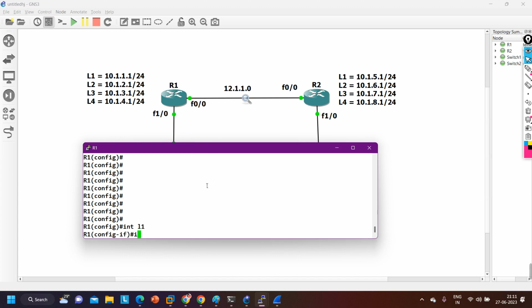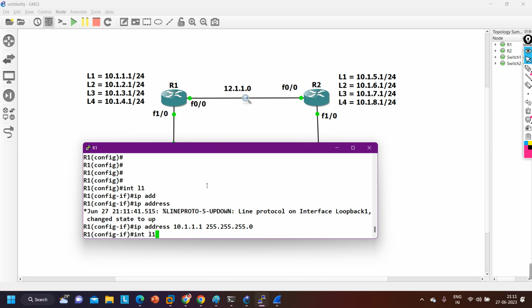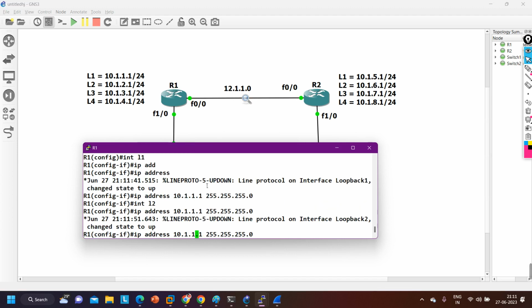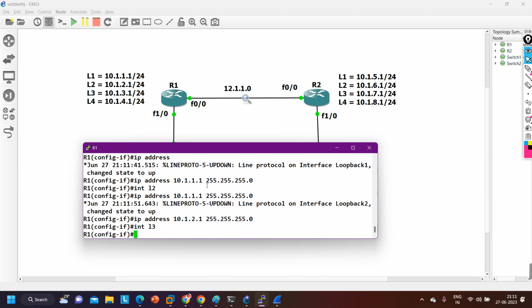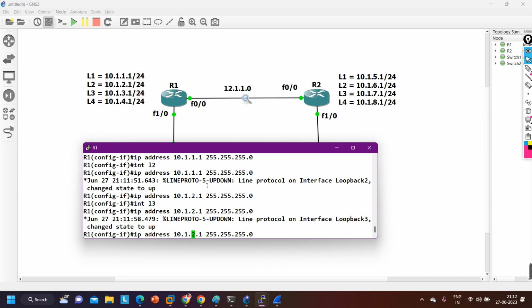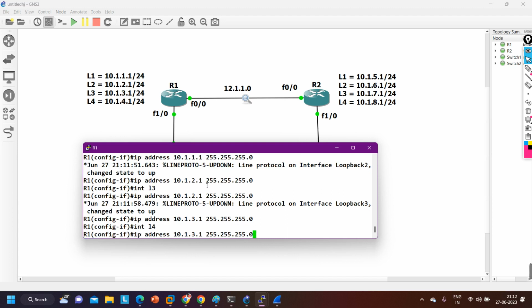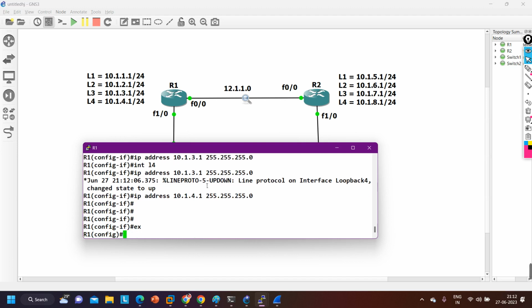Interface loopback 1, IP address 10.1.1.1, 255.255.255.0. Interface loopback 2, IP address 10.1.2.1. Okay. 3, loopback 4, done.